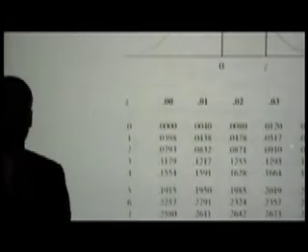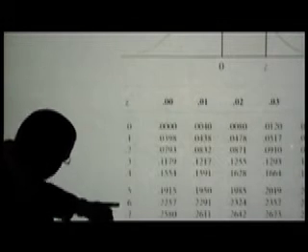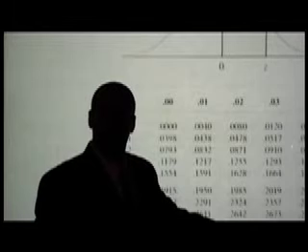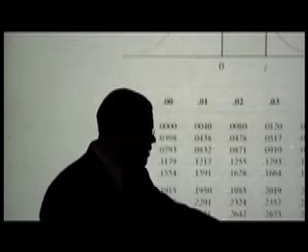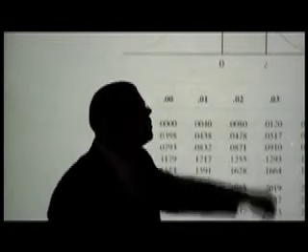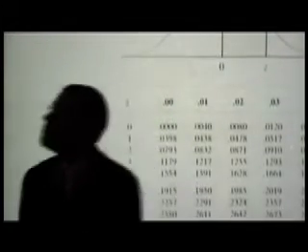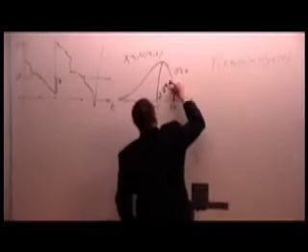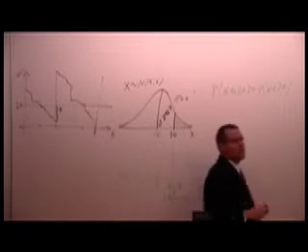So when we look for 0.83, we find 0.83, and we note that the area given is 0.2967, which is this area. Questions on that?